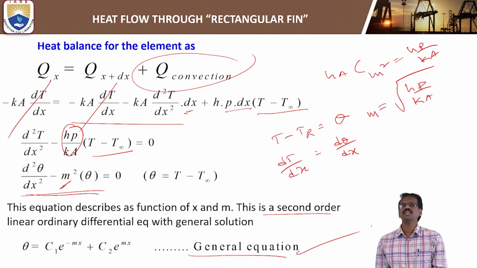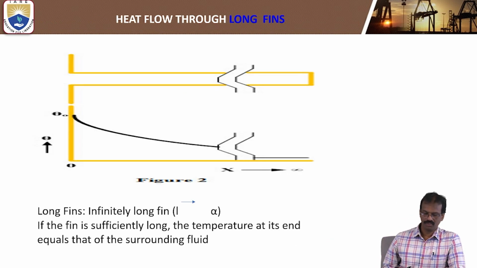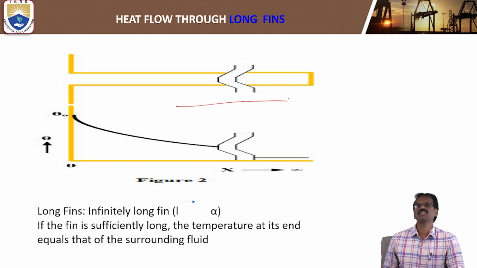This general equation will be used to find the rate of heat transfer in different types of rectangular pins. One is the long pin, another is the insulated end pin, and another is the pin with convection at the end. Here, I'm taking the long pin. These types of pins have different boundary conditions. We'll see the boundary conditions of this long pin.